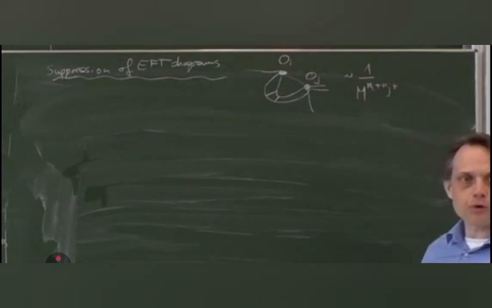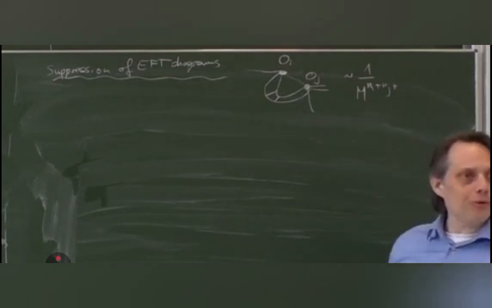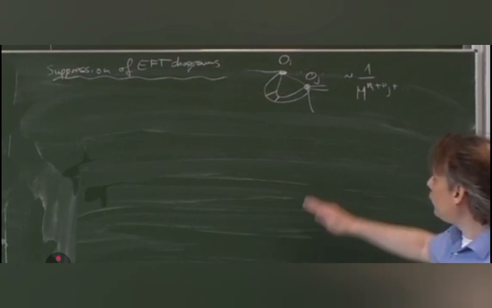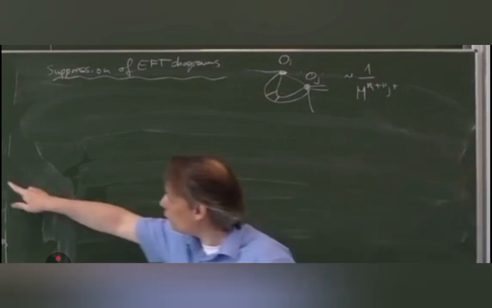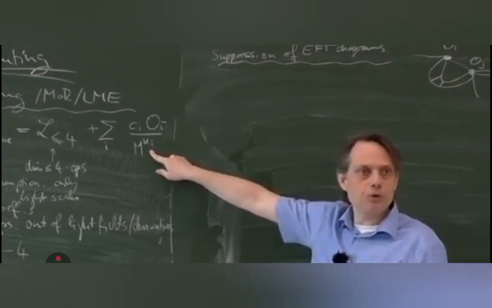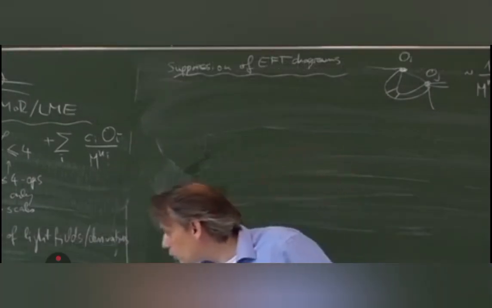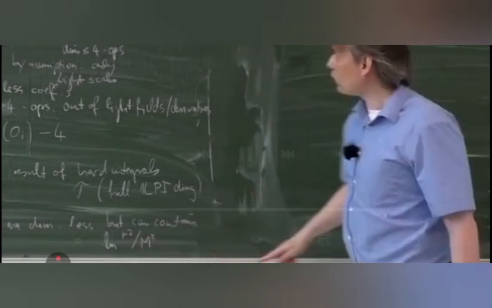Because each vertex produces such a suppression, and this suppression cannot be compensated by anything, because the heavy mass appears precisely only in this power form. It appears nowhere else. It appears in logs in the coefficient, but up to logarithms, this is the only dependence on the heavy mass. So up to ln m squared.